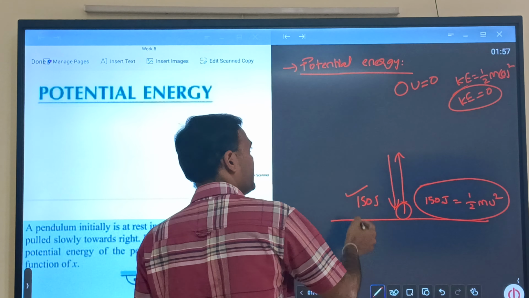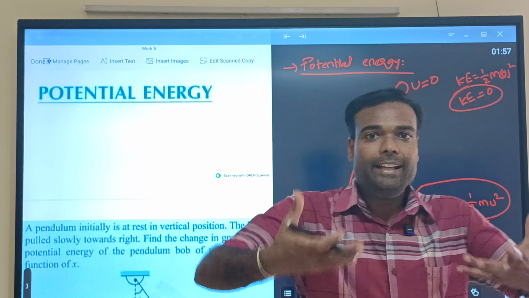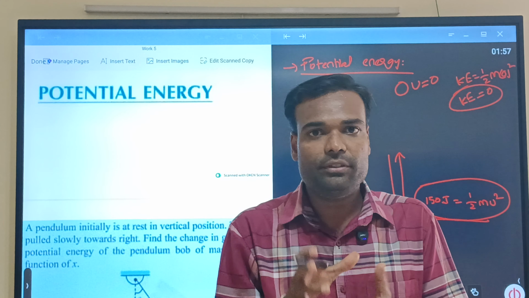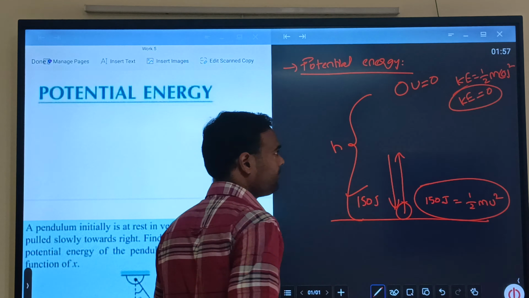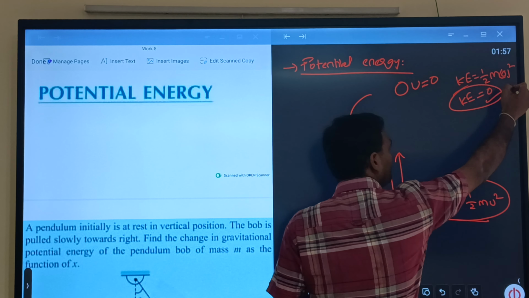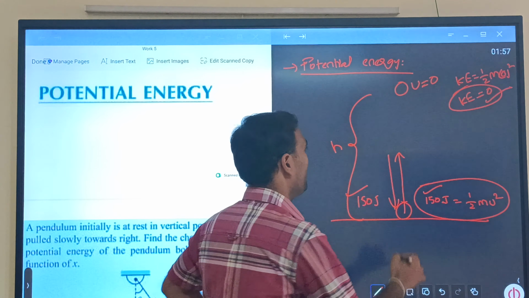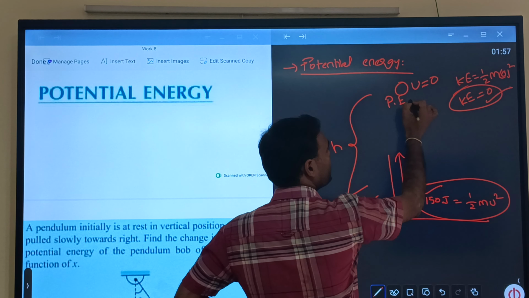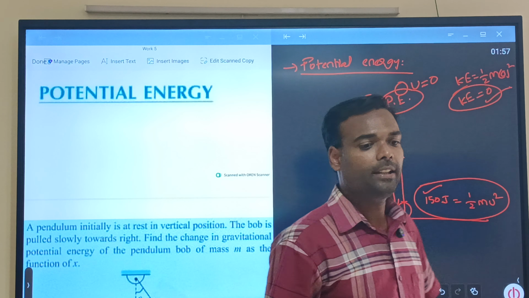That potential energy is stored in the object by virtue of its position, right? And when kinetic energy becomes 0, the total 150 joules is stored in the system as potential energy, right?